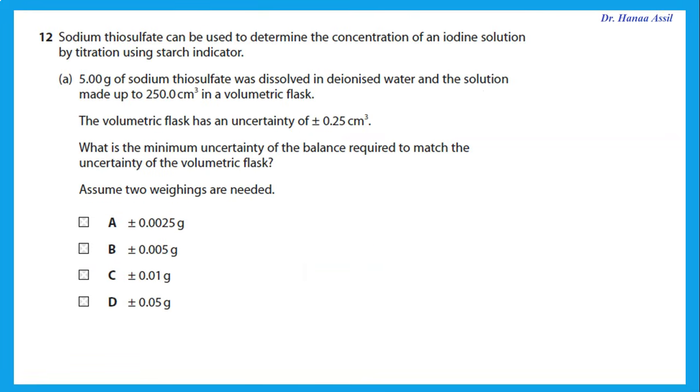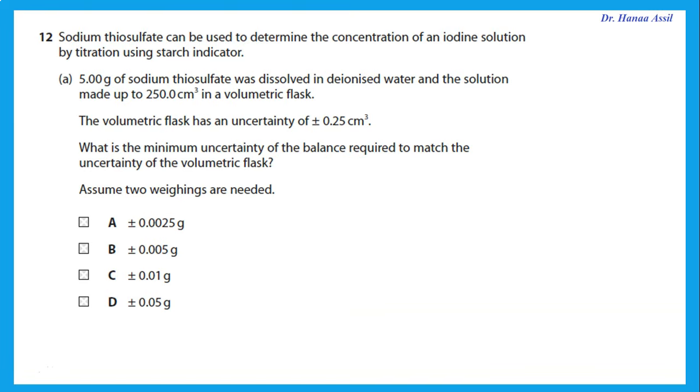Question 12 says, sodium thiosulfate can be used to determine the concentration of an iodine solution by titration using starch indicator. 5 grams of sodium thiosulfate was dissolved in deionized water. The solution was made up to 250 in a volumetric flask. Now, the volumetric flask has an uncertainty of plus or minus 0.25 cm³.